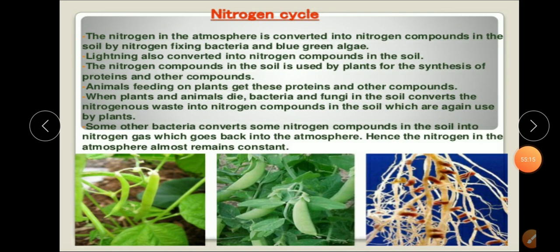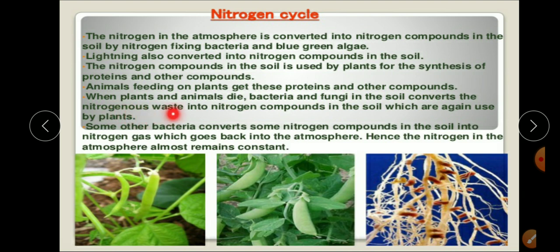Say this: nitrogen in the atmosphere is converted into nitrogen compounds in the soil by nitrogen fixing bacteria and blue green algae. Lightning also converts it into nitrogen compounds in the soil. Then the nitrogen compounds in the soil are used by plants for the synthesis of proteins and other compounds. Animals feeding on plants get these proteins and other compounds.